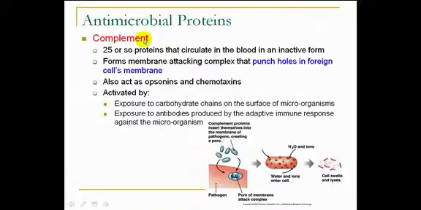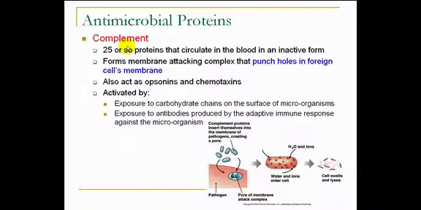Now let's look at complement, which is another type of antimicrobial protein your body produces. Complement is about 25 proteins that circulate in the body, and they're inactive if there's no infection. They get activated if they are exposed to a carbohydrate chain that is found on microorganisms.